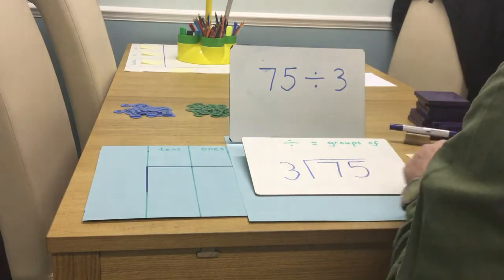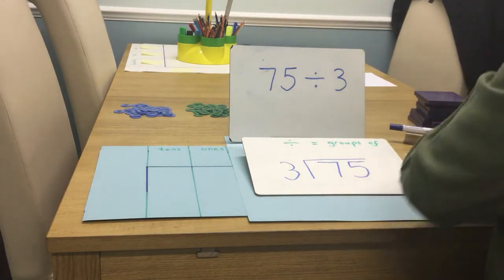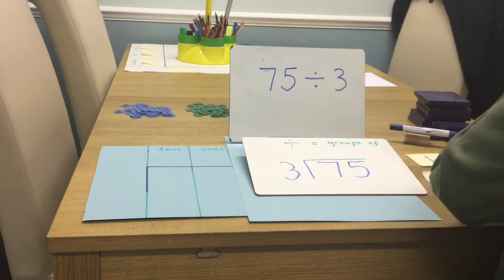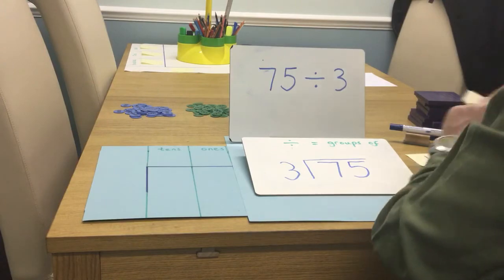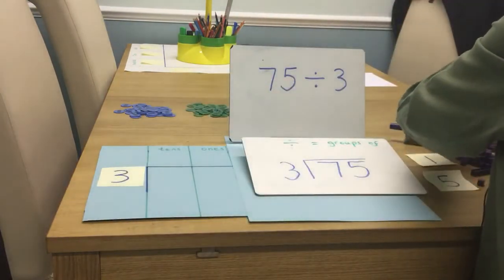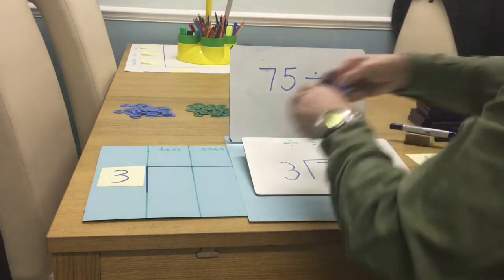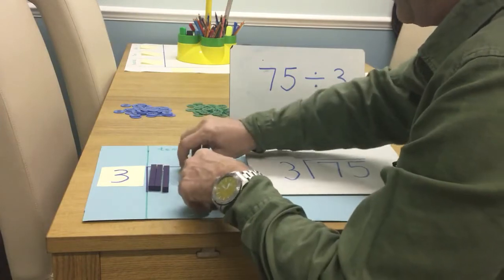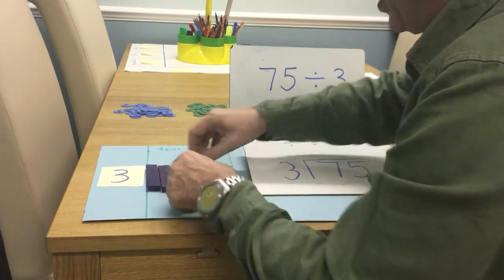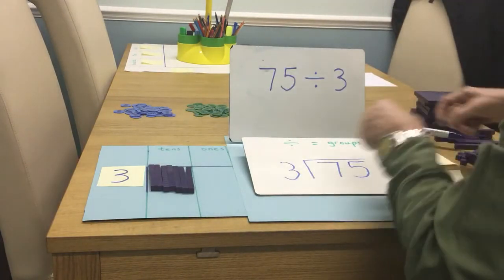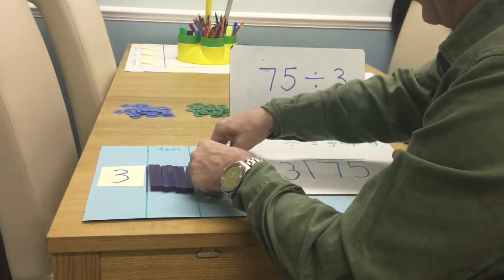So pop the 3 down. Let's make 75. 10, 20, 30, 40, 50, 60, 70. And I need 5 ones.